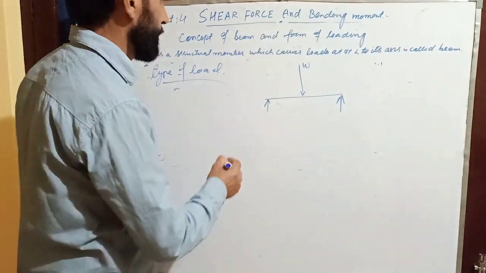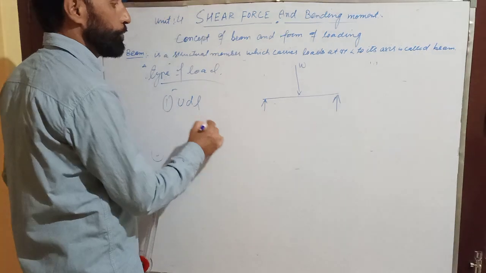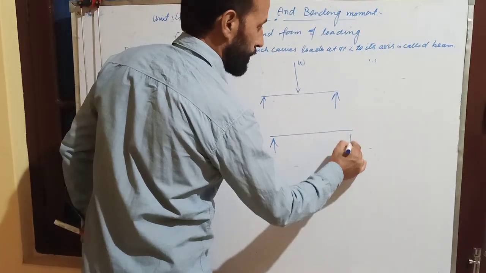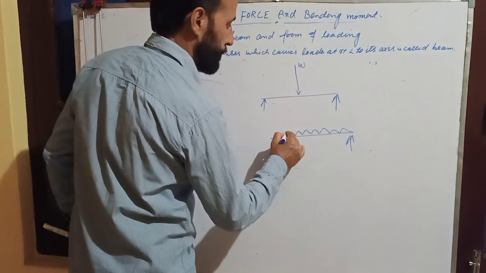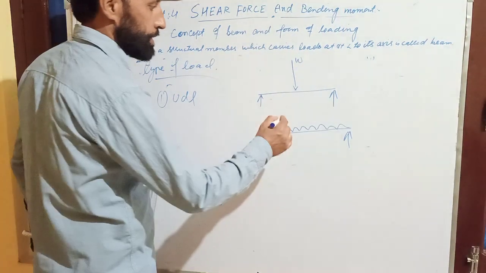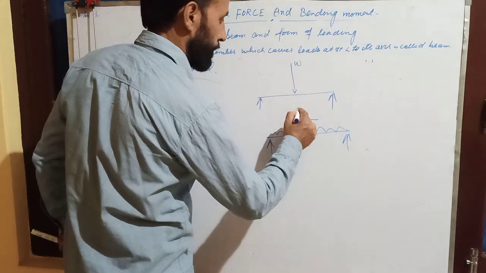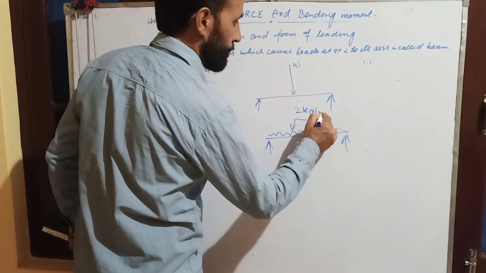After that, here is UDL. Number two, uniformly distributed load. In the case of a simply supported beam, I will put a uniformly distributed load here, say for example 2 kilonewton per meter.